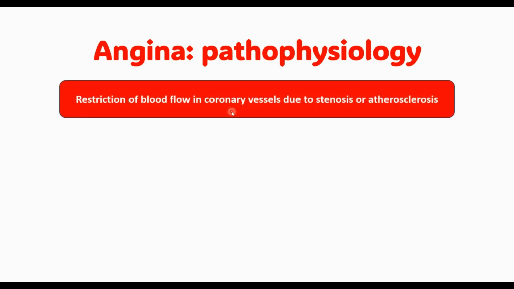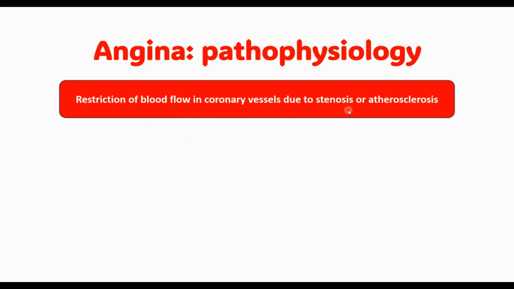Okay, so we're going to talk about the pathophysiology of angina, because there are different underlying mechanisms of how it can occur. One of them is that there can be restriction of blood flow in the coronary vessels due to stenosis or atherosclerosis.